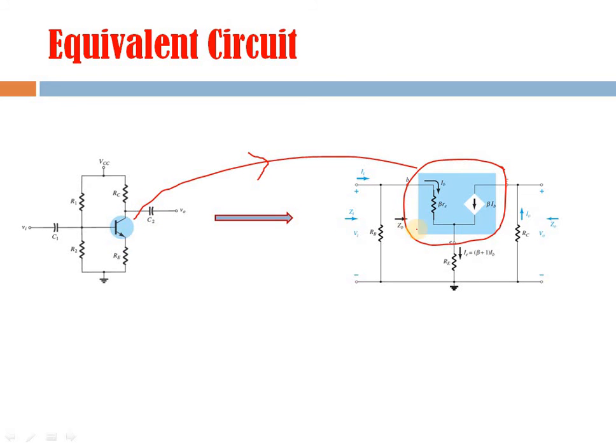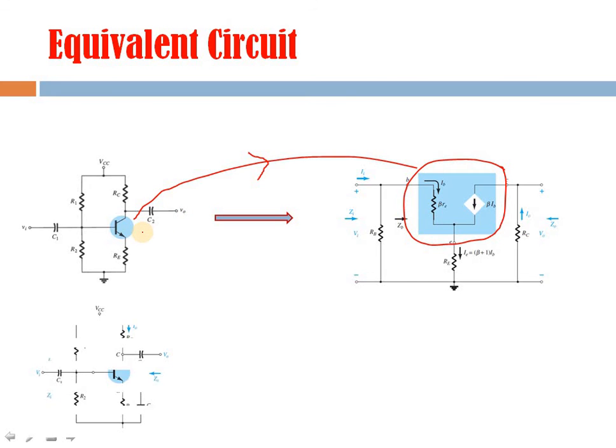And this emitter is going to this RE, and the other end of this RE is connected to this side, and this RB is the parallel combination of these resistances, and in the AC equivalent this is connected to ground, so the RC will come here like this.